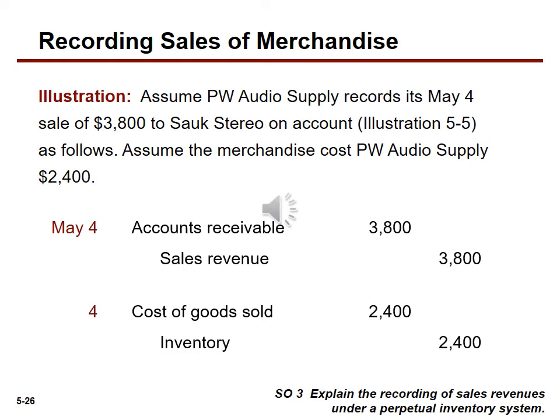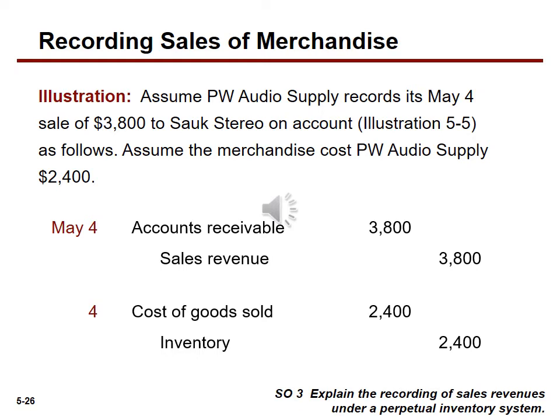So applying what we have just learned in the previous slide, this is an on account transaction, so we're going to debit accounts receivable with the sales price, which is 3,800, and we're going to recognize the revenue that we generated by this sale. So we're going to credit sales revenue for 3,800.